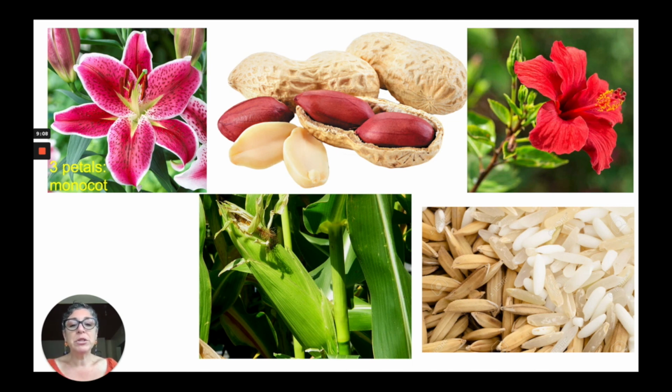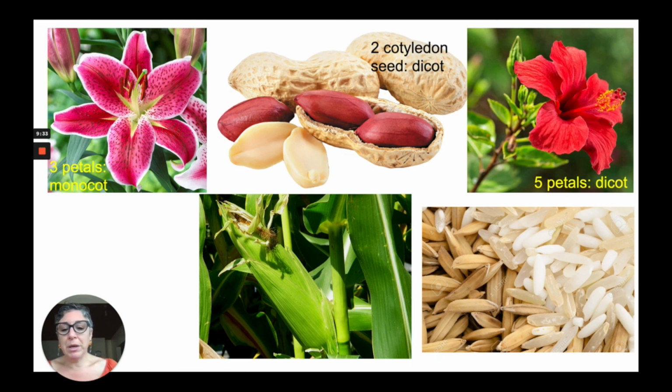The second picture is the picture of a peanut or a groundnut, and we can see there that the seed is split into 2 parts, meaning that it is a dicot. The third picture has a flower. I think that's hibiscus. And if we count the petals, there are 5 petals, meaning that this is a dicot.